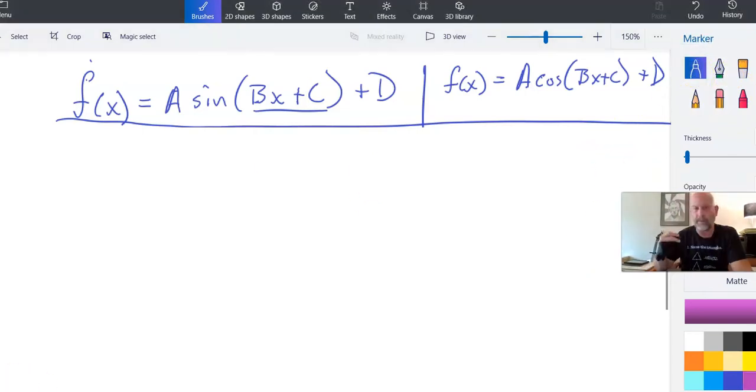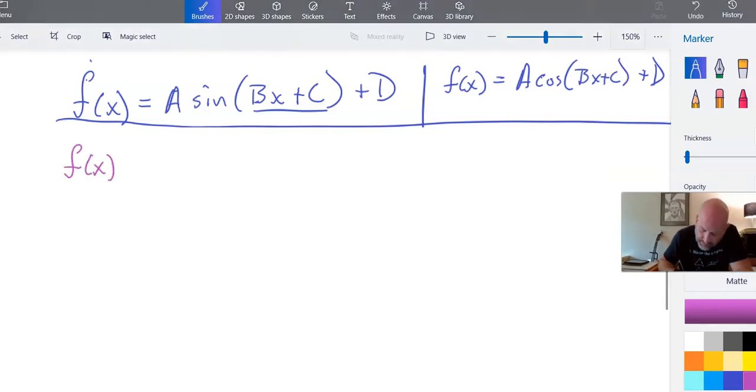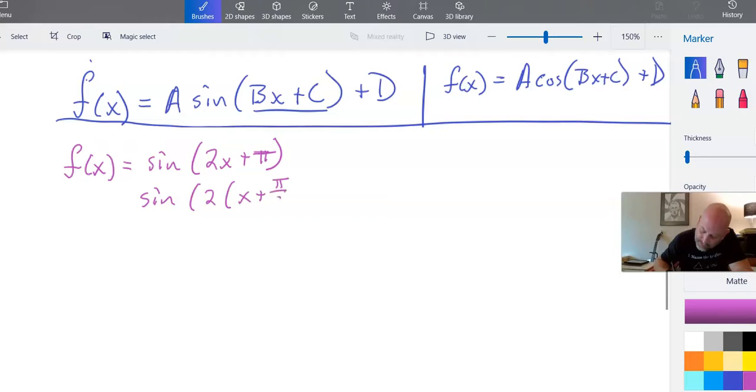Okay, so let's take a look at f of x equals sine 2x plus pi. Okay, so we got some stuff to do here. Now, if I just go ahead and factor out the 2, that gives me 2 times x plus pi over 2.